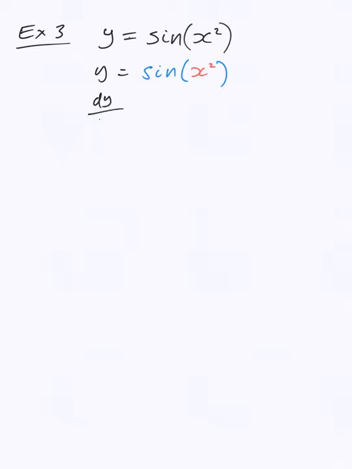To calculate the derivative, dy dx, the derivative of sine is cosine, and inside that bracket is still going to be x squared, what we called v. The derivative of x squared is just 2x, so we multiply the whole thing by 2x. And that's our answer. If y is equal to sine of x squared, then dy dx is equal to 2x times cos of x squared.